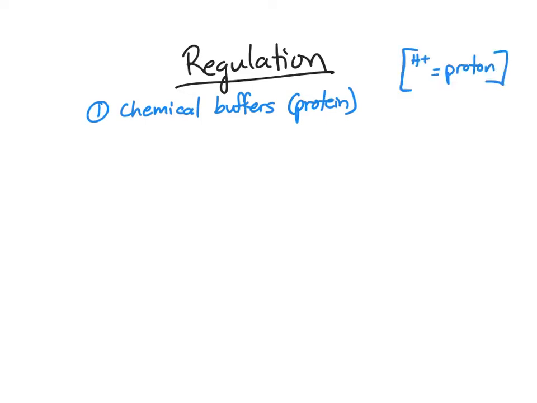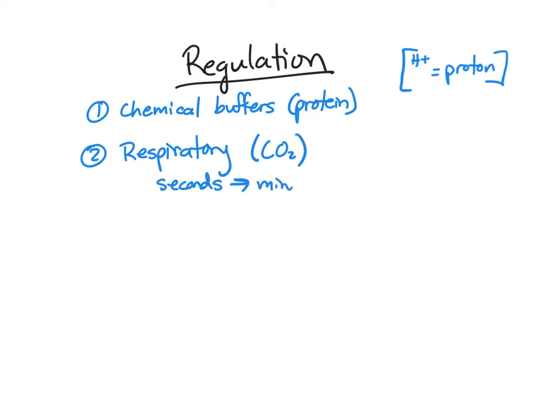The second line of defense is your respiratory system. Remember that this controls the carbon dioxide levels in your blood and therefore the carbonic acid levels. And this takes seconds to minutes to respond.